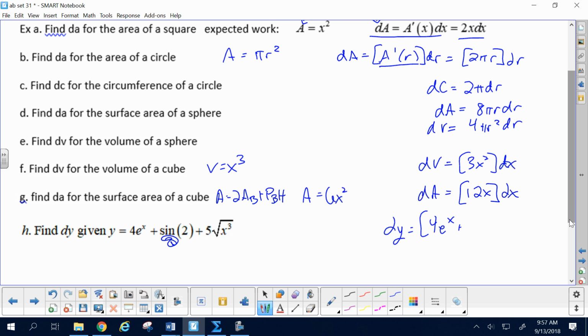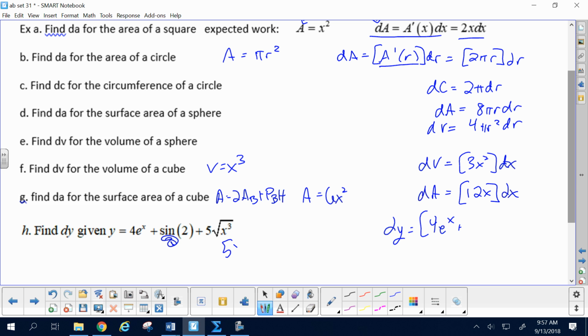Is the derivative of sine 2 cosine 2? It is not. Why not? Sine 2 is a number. It's a constant. Sine 2 is not a function. It's not the sine of x. That's a function. Sine of 2, that's a number. And so what's the derivative of a number or a constant? That should be 0. Okay?